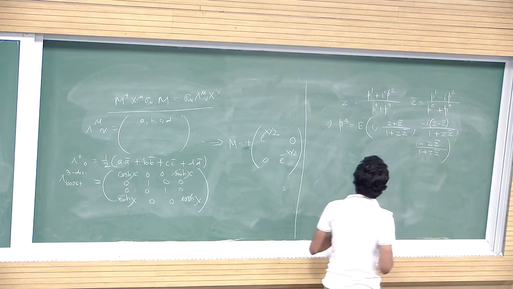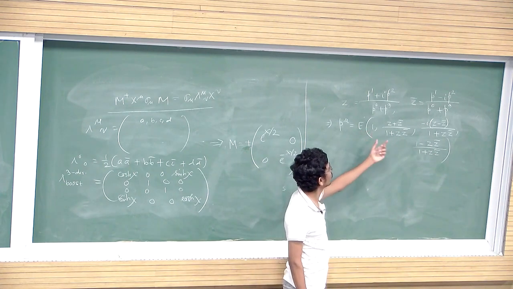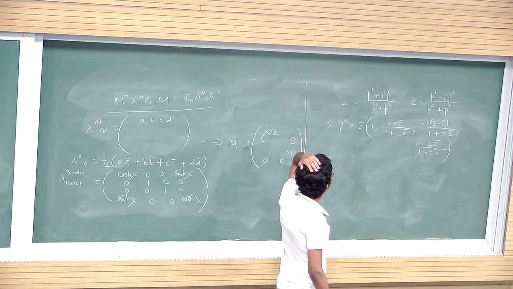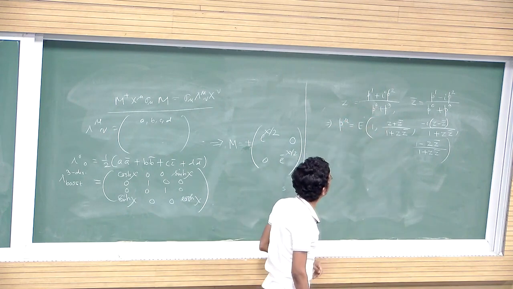So the null momentum you can always parameterize in terms of z and z bar and another variable E, which is an energy scale.